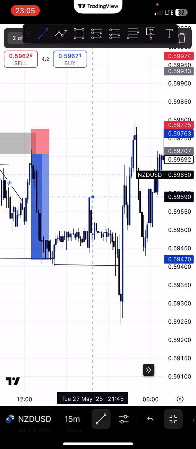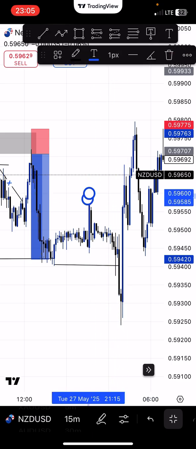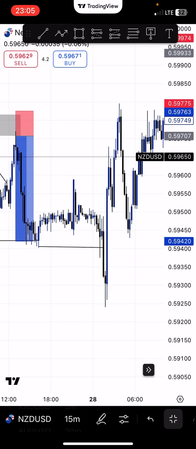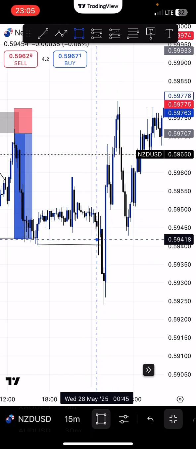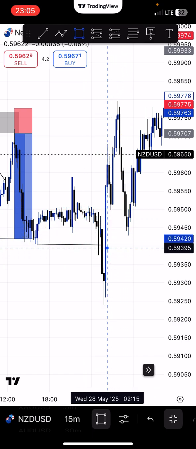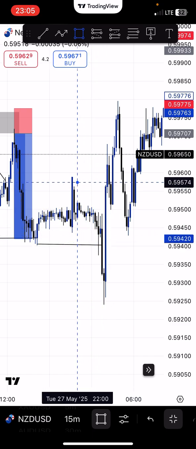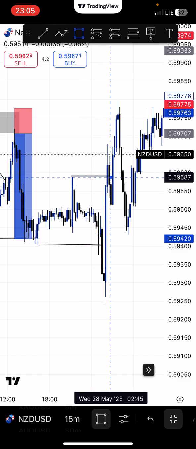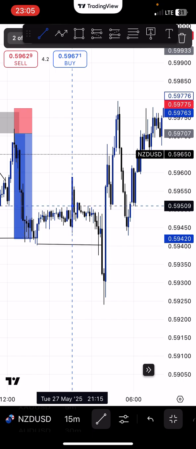And I saw this high here. But there is no liquidity here, there is no breaker to take any trade from, and I wouldn't want to take such risky trades. So I just waited and the market gave me this push up above here.